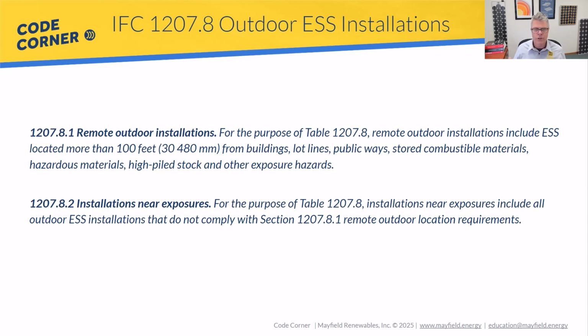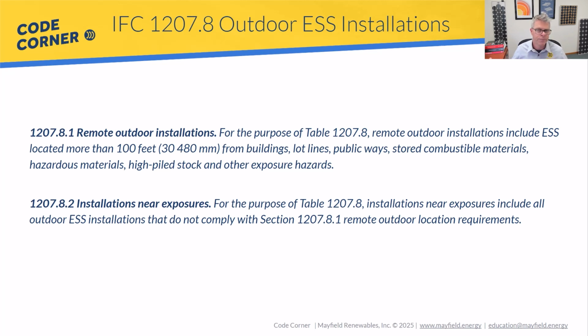So code making officials, recognizing, hey, we can't identify every single thing at every location, have this kind of catch-all phrase here. So making sure that if you are trying to apply this remote outdoor installation section and you do have some things that are within that 100 feet, you might want to be talking to your AHJ, your fire official, and making sure, hey, are you considering this an exposure hazard? And if it's a non-combustible, non-reactive type thing, I would say that you have a good reason to say that's not an exposure hazard.